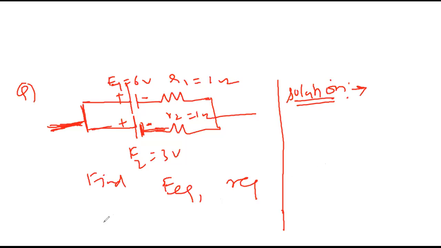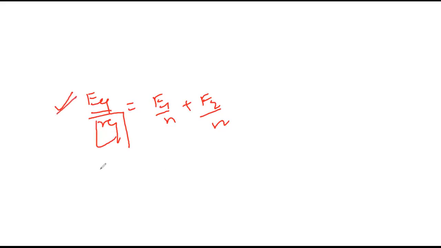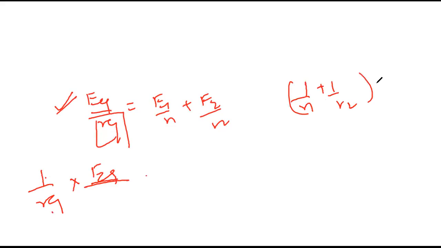Yes, sir. अभी एक मिनट सॉल्यूशन करने के पहले एक स्टेप. We got E equivalent upon R equivalent as E1 upon R1 plus E2 upon R2. So without R equivalent I cannot get E equivalent. 1 upon R equivalent in parallel is 1 upon R1 plus 1 upon R2.